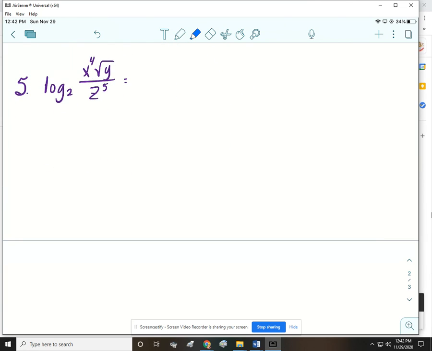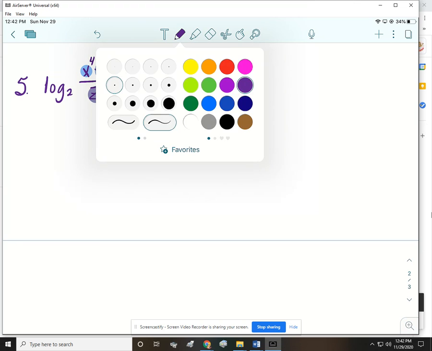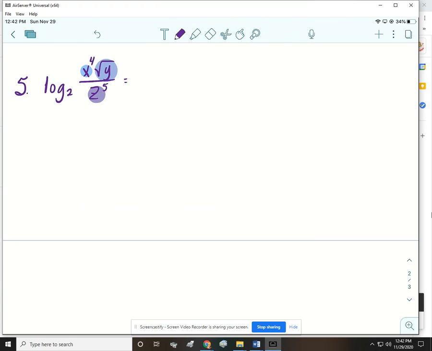All right, so here we have 3 different variables. And they don't have to be variables because one of them could have been a number, or multiple of them could have been numbers. But we'll have 3 separate logarithms.